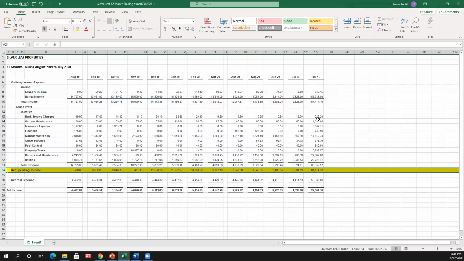If you don't have the evaluation and you know that the net operating income in this case is $81,000, okay? The way you would get your evaluation is you would take $81,000, the net operating income, and you would divide that by whatever the going cap rate is.